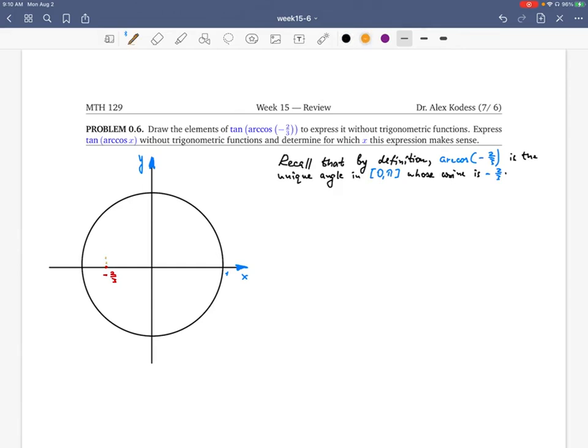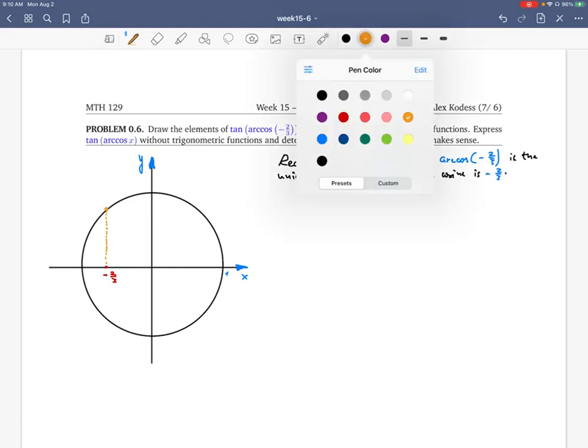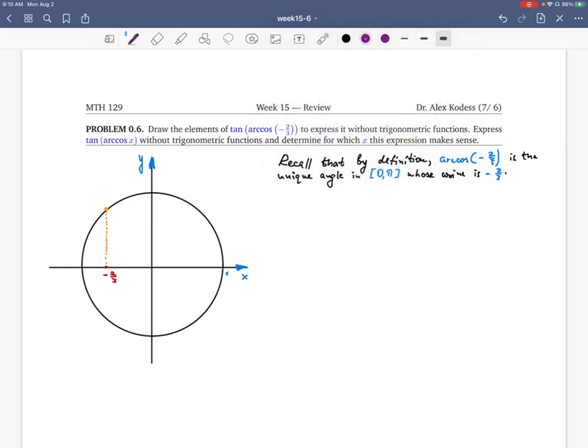So we get a point in the second quadrant. That is arc cosine of negative 2/3.